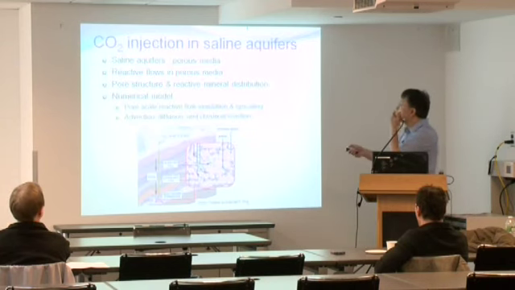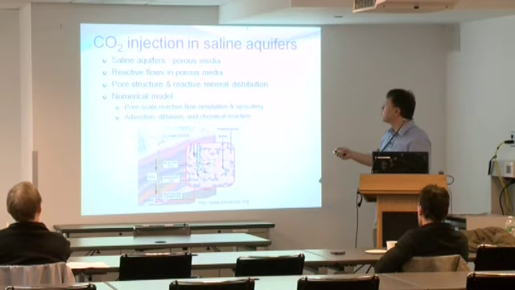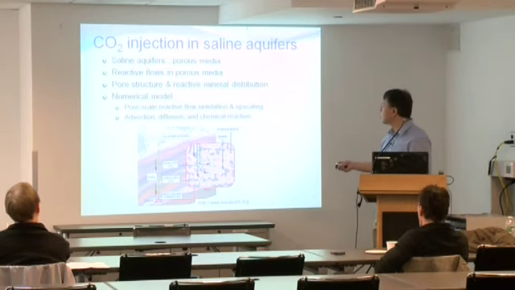For this carbon dioxide injection in saline aquifers, we have to understand the saline aquifers and the injection process. Saline aquifers are porous media filled with brine, and this injection makes reactive flows in porous media.